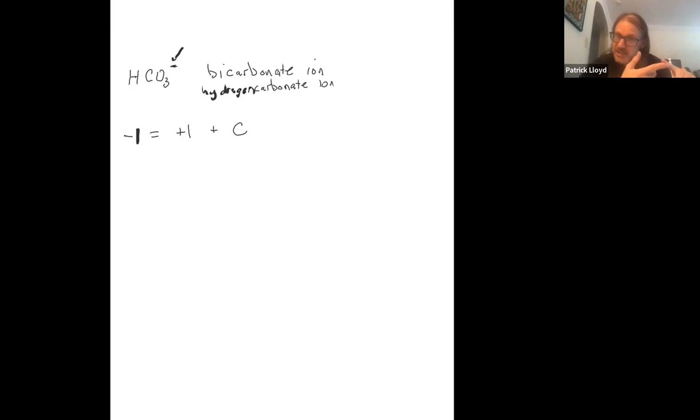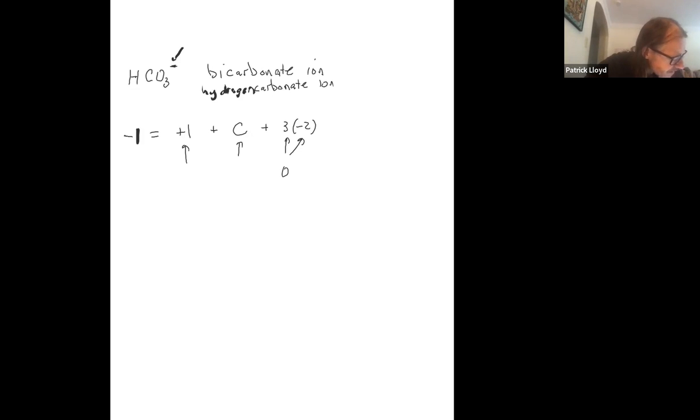Each oxygen is -2, so I'm going to write it as 3 times -2. You've got 1 carbon and you've got 1 hydrogen. They all have to add up to -1. Polyatomic ions, they add up to the charge of the ion. Compounds, they add up to 0. Okay, so just go through it arithmetically.